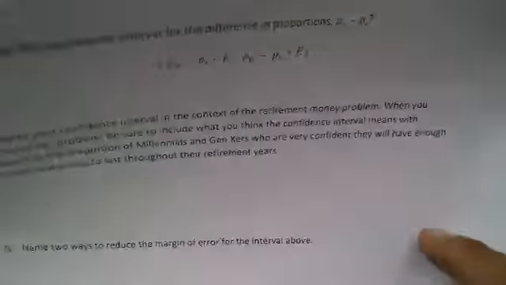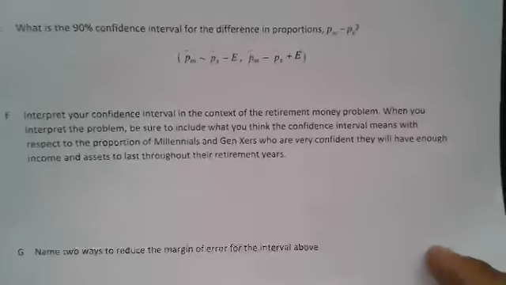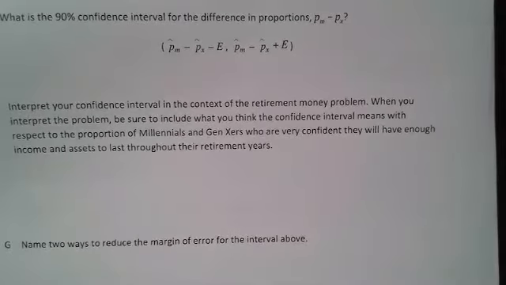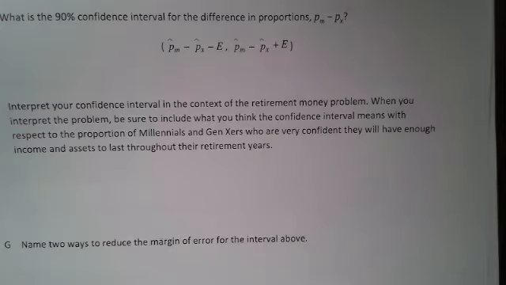Okay, E, then we do the 90% confidence interval, right? So we're basically taking the difference, which we calculated.